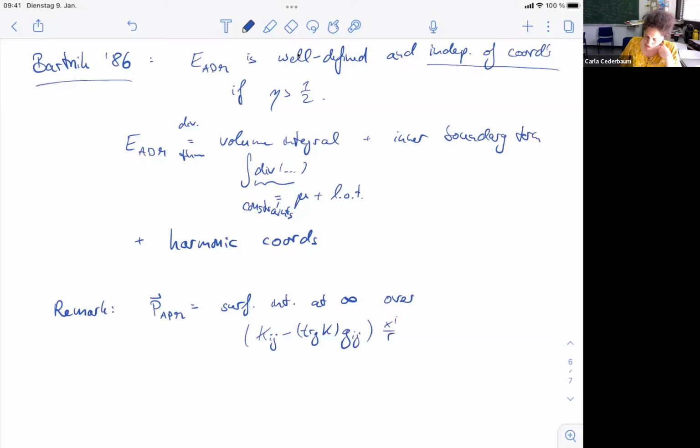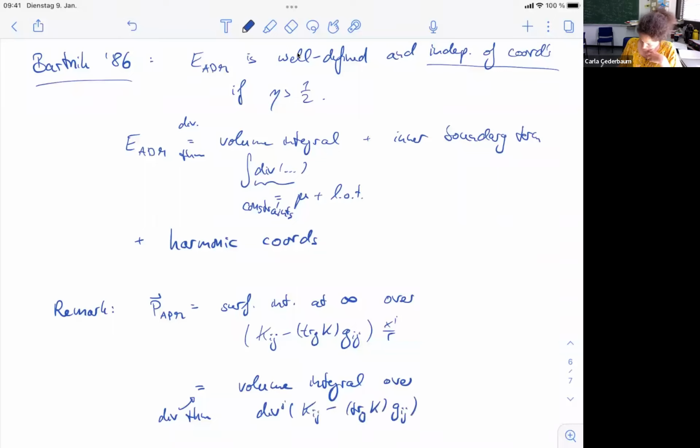And then if you perform the same idea as I just showed you in the Newtonian case and that Bartnik used in the case of the energy, if you perform a divergence theorem now backwards, you get a volume integral over the divergence of this Kij minus trace Gk Gij plus lower order terms plus an inner boundary term.